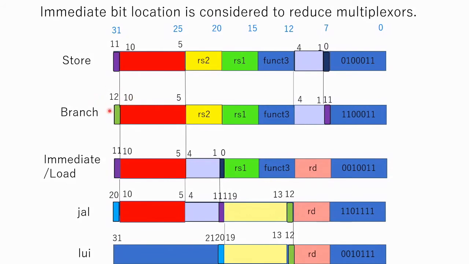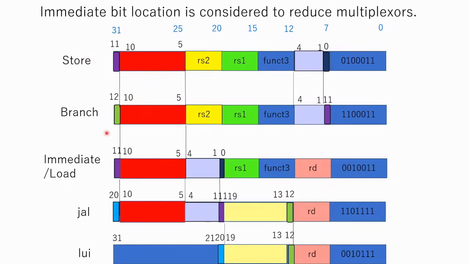First of all, the top bit, bit 12, is located here. But bit 11 is located here, and bits 10 to 5 are located in this part. Lastly, bits 4 to 1 are located here.